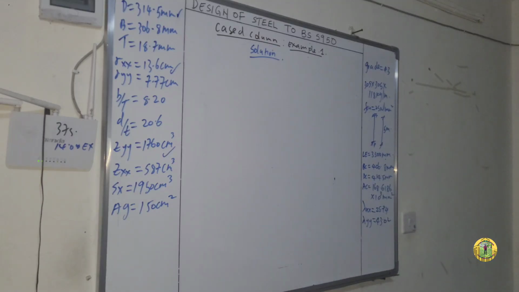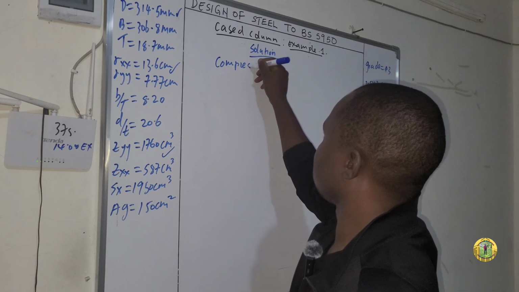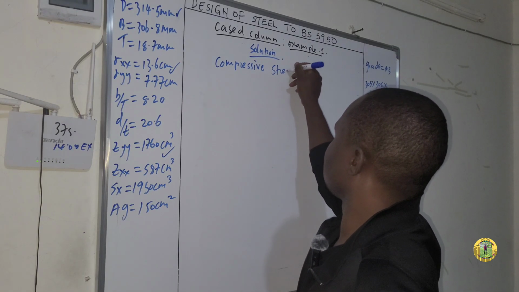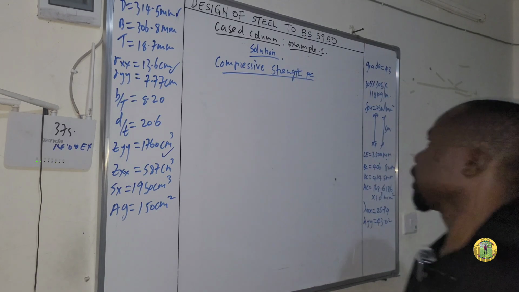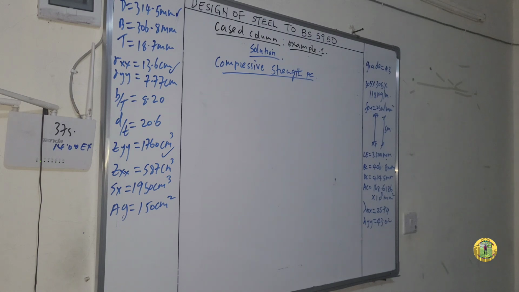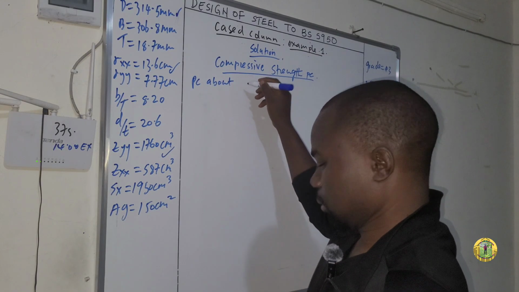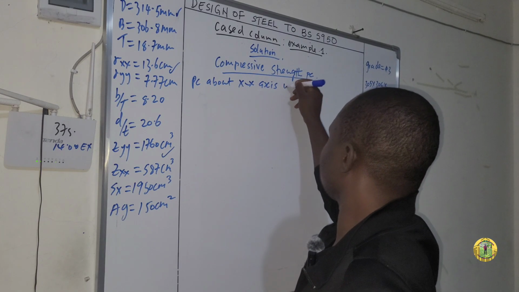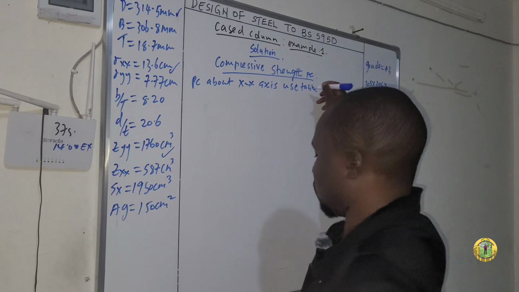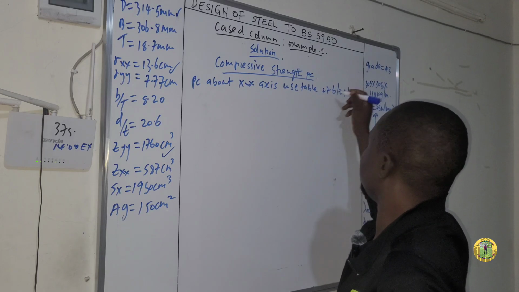We'll begin with pc about the x-axis, and for this we will use table 27B or 24B.